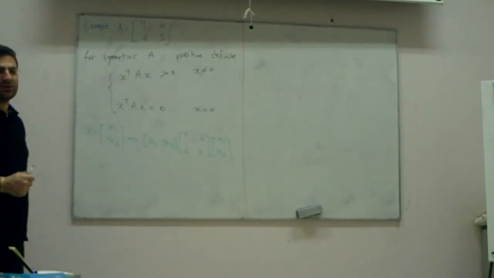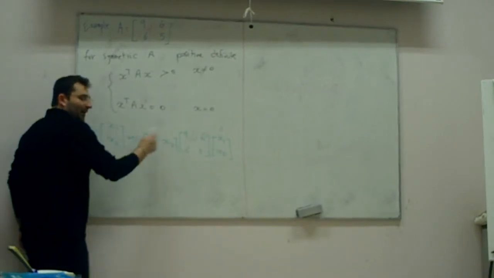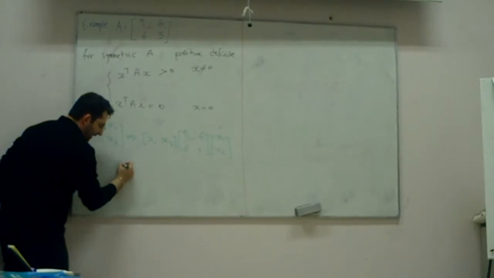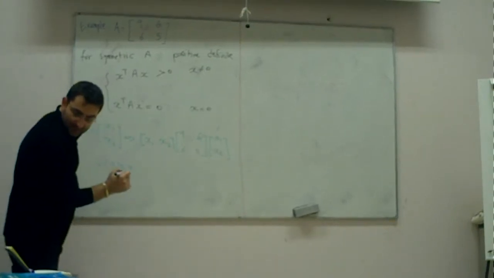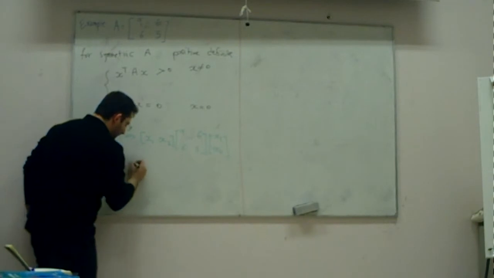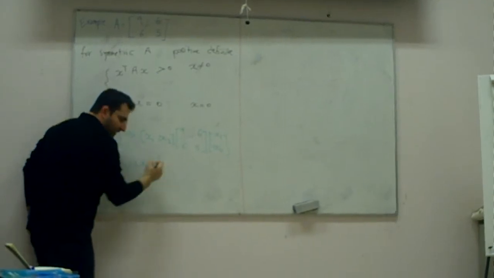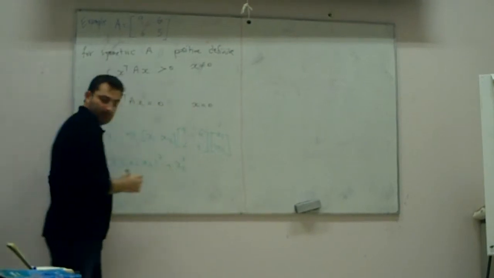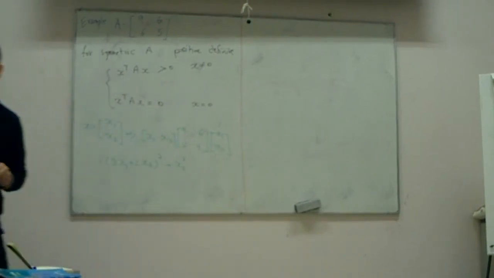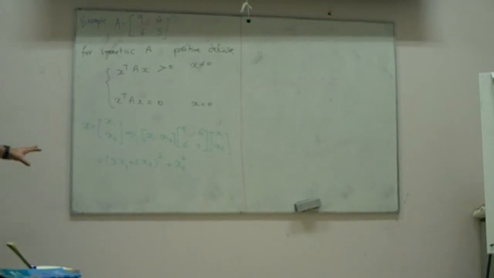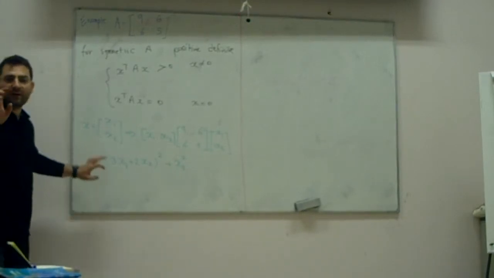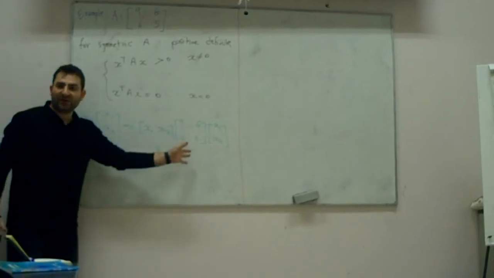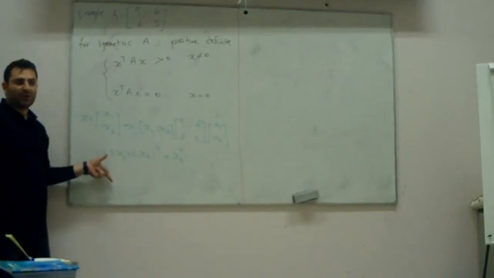So we have one expression. If we multiply, we get this expression: 3x1 squared plus 2x2 squared plus x2 squared. We got this expression. Just wait for a second, I'll let you write. We do this multiplication, and we have an expression after this.